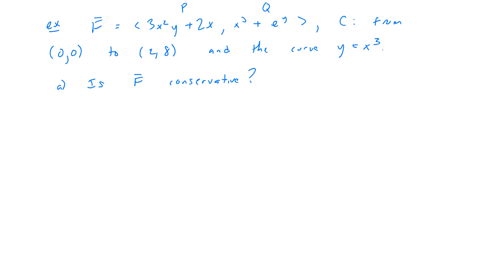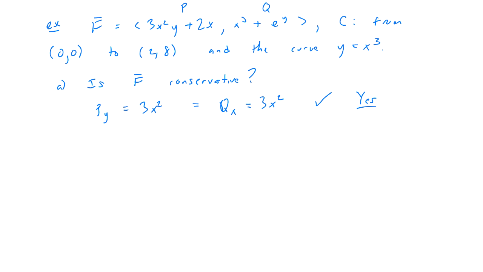So I look at P_y. The derivative of P with respect to y is 3x squared. And then I take the derivative of Q with respect to x, and that is also 3x squared. Since those are the same, it is.